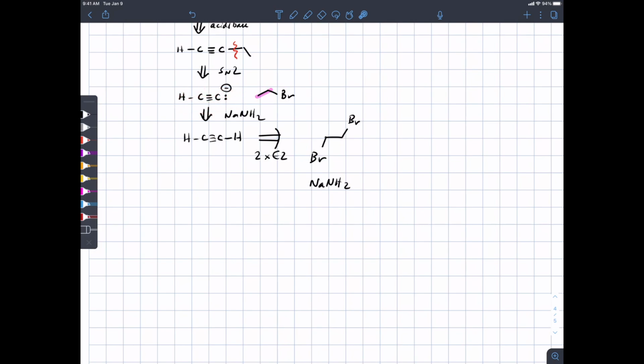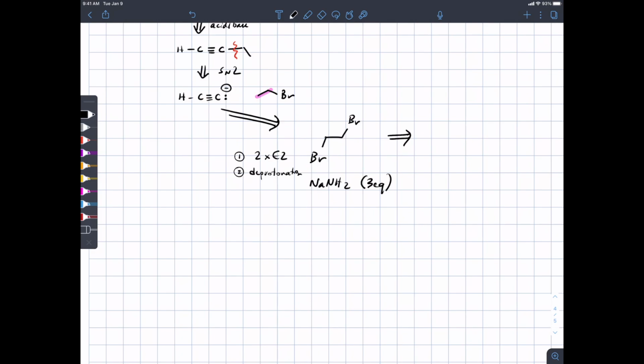It may have been better to just do this: if I use 3 equivalents of NaNH2, I'm going to do first the 2 E2 reactions, and then the deprotonation.